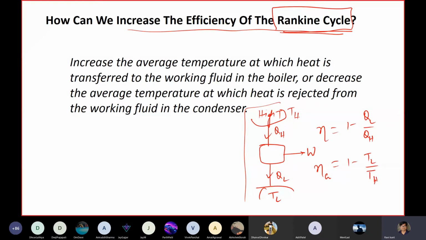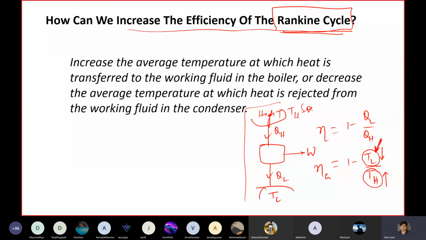Okay, now focus here. What if my TL is much lower and TH is much higher? Either one of them, or let's suppose one is constant and the other is changed.